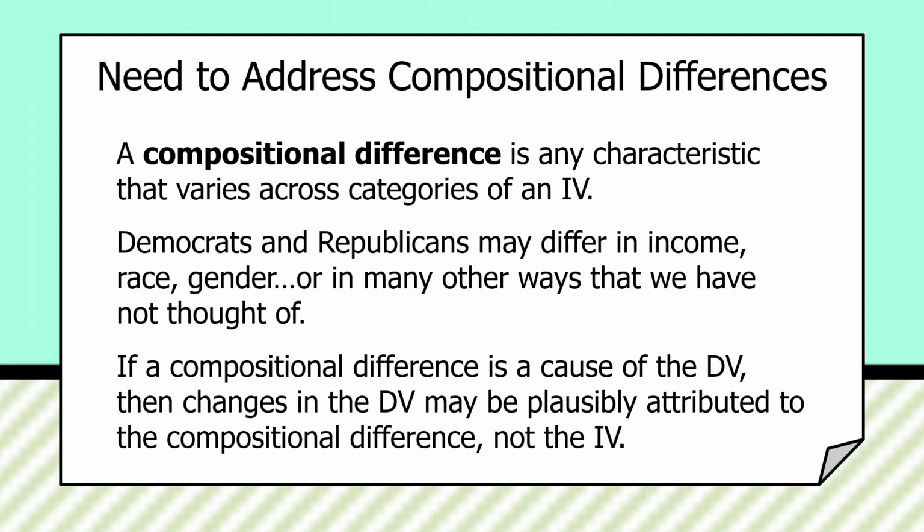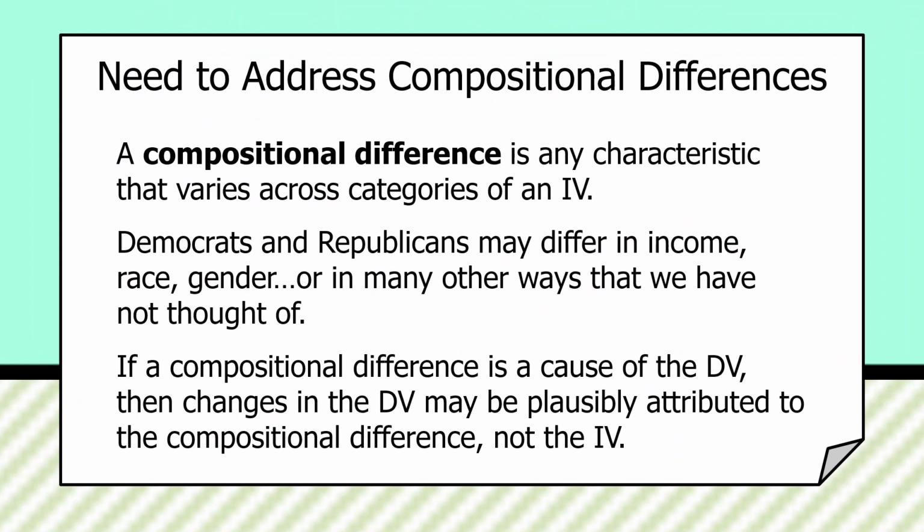They may differ in income. Democrats may on average have lower incomes than Republicans, for example. We know that the racial composition of partisans is quite different across values of partisanship, race, gender. The example in the book is using gender as a compositional difference to examine the relationship between partisanship and gun control opinions.